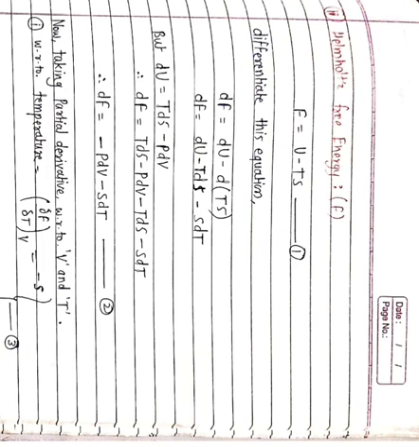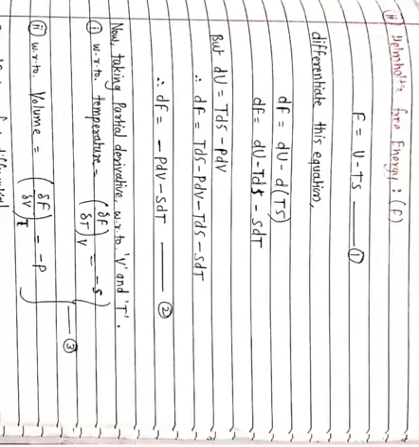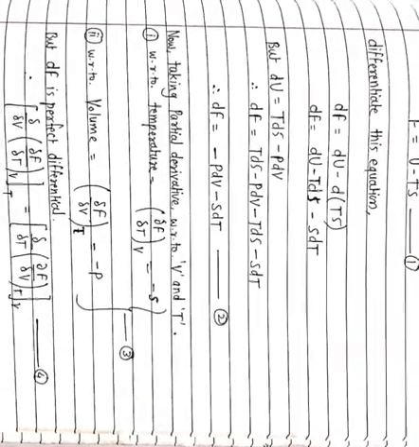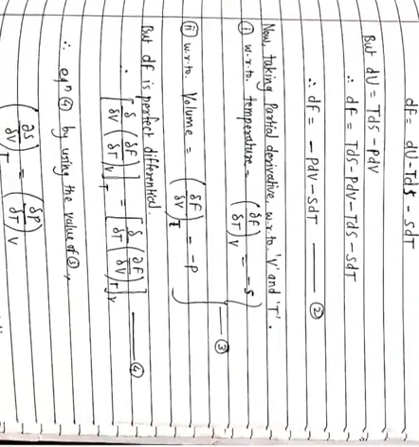But we know that dU is equal to TdS minus PdV. Therefore, dF is equal to TdS minus PdV minus TdS minus SdT. In this equation, TdS and minus TdS cancel. Therefore, dF is equal to minus PdV minus SdT. This is equation 2.